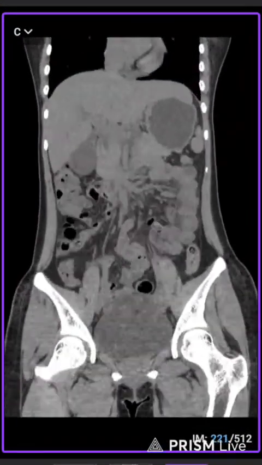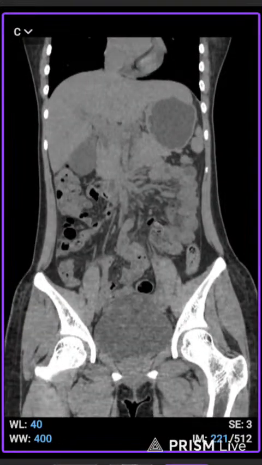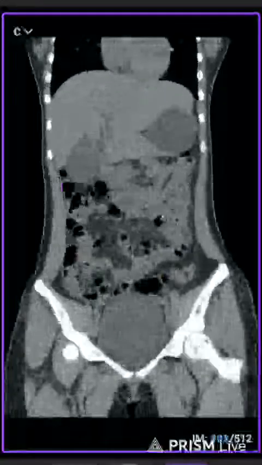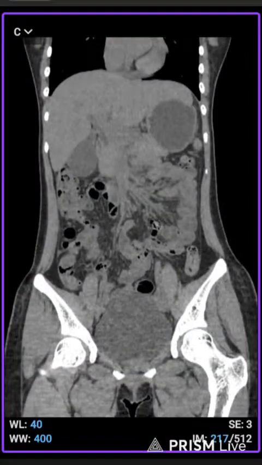The tumor enhances several minutes after the injection of the contrast. So we have to look for that, and you have to do a delayed scan if you see that type of tumor. If I have that type of case, I will share the class with you.